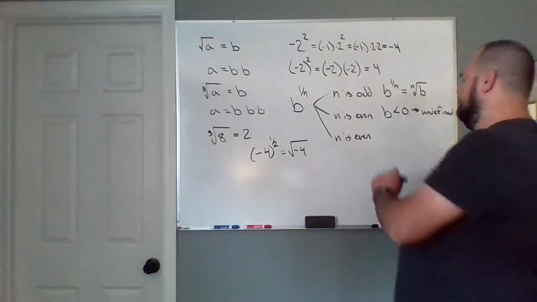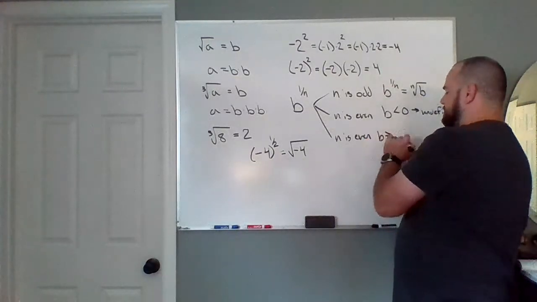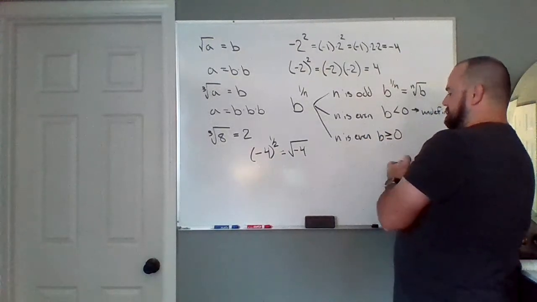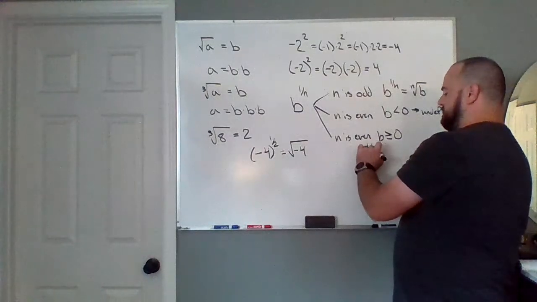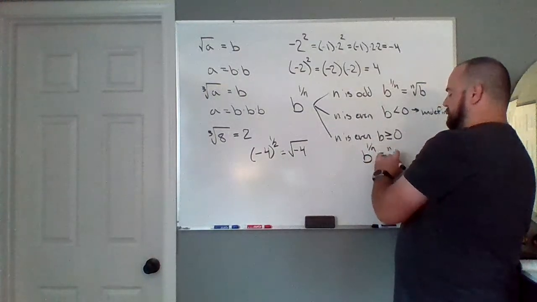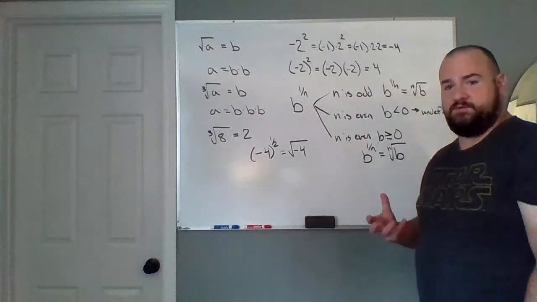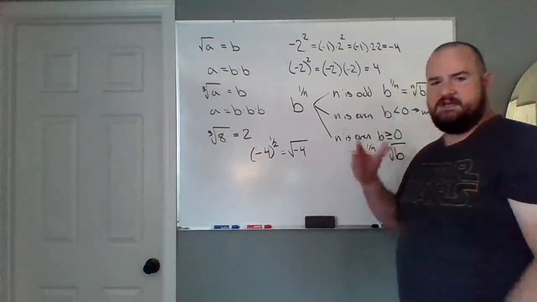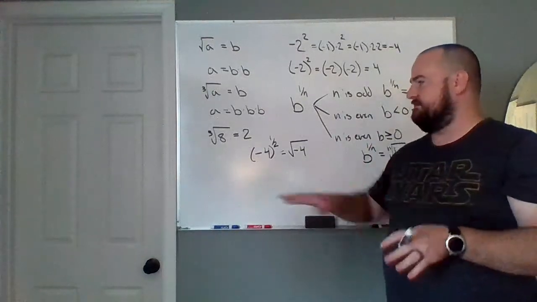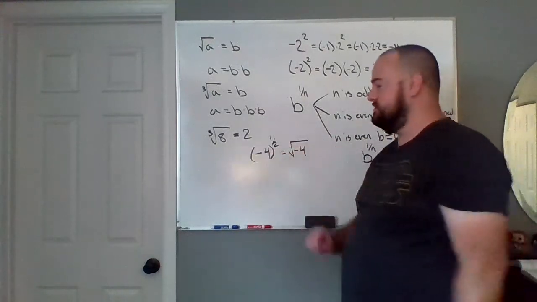Now if n is even and b is greater than or equal to 0, then very simply b to the 1 over n is equal to the nth root of b. And we say that this is our principal root. If n is odd, we only get one root. It doesn't matter if it's the cube root of 8, that gives me 2.